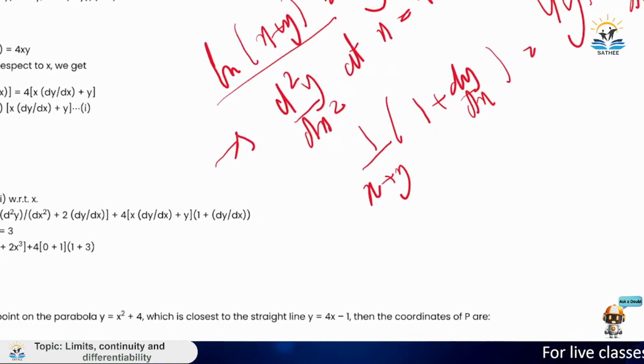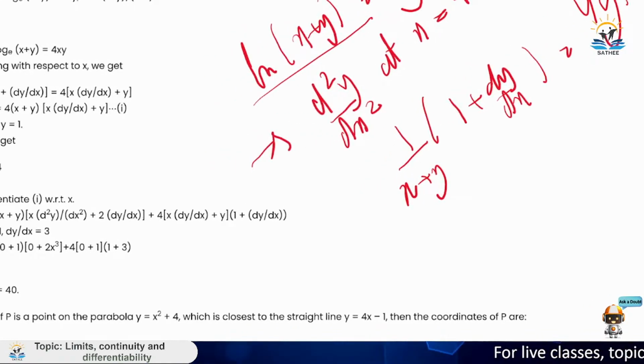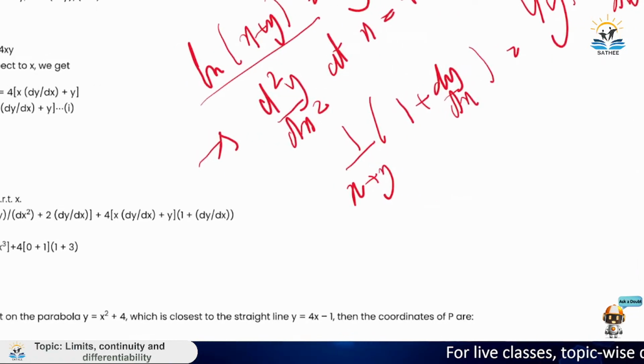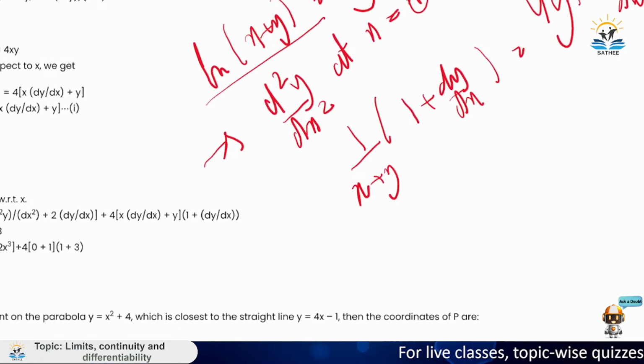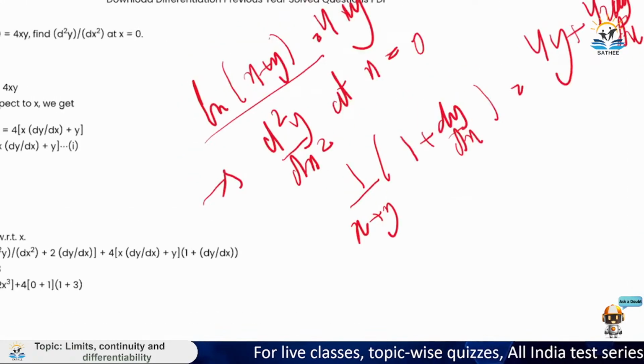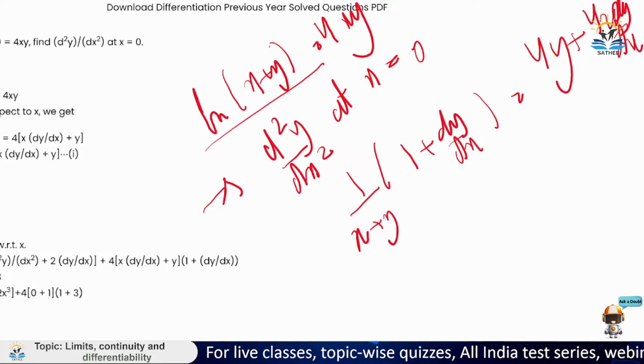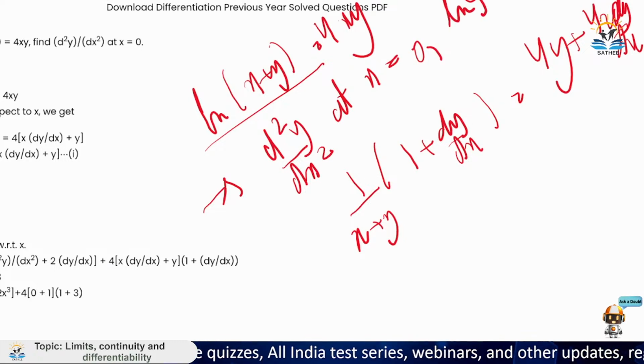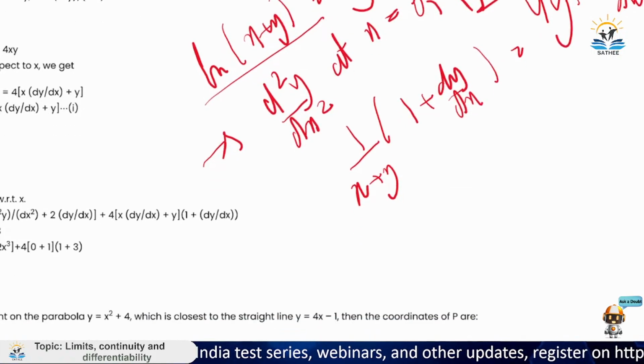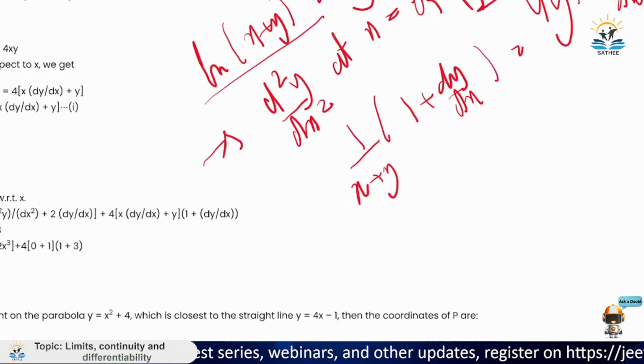Okay, so what we are doing here is finding the value of dy by dx at x is equal to 0.